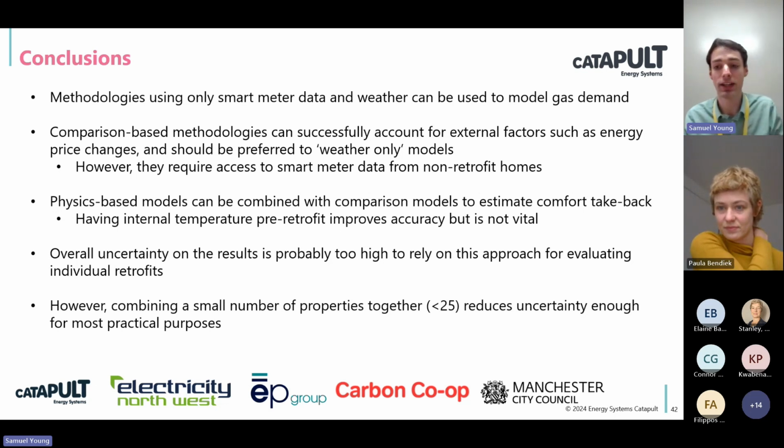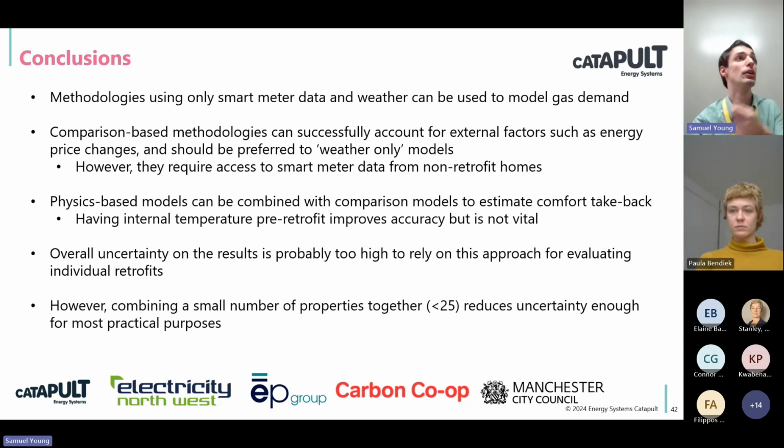Okay, if the predicted saving is under 25%, do you think you could accurately assess if the savings are achieved? So if the predicted saving is under 25% for an individual home, then I think the answer is you can't do a good job of assessing whether that saving has been achieved.